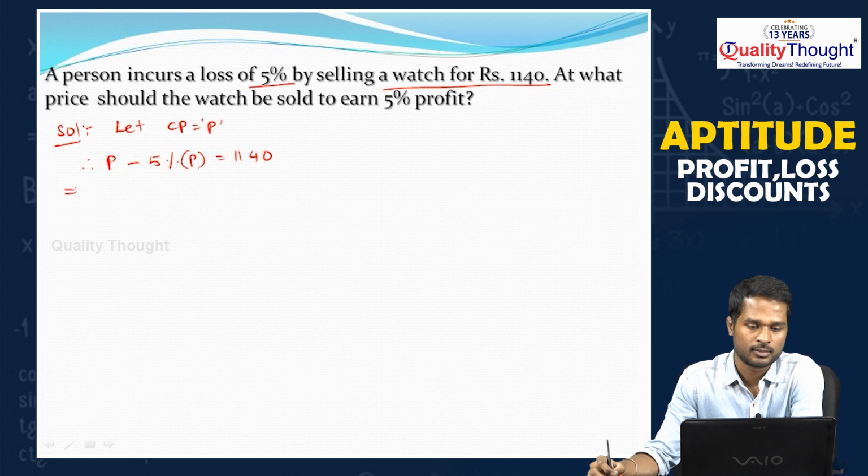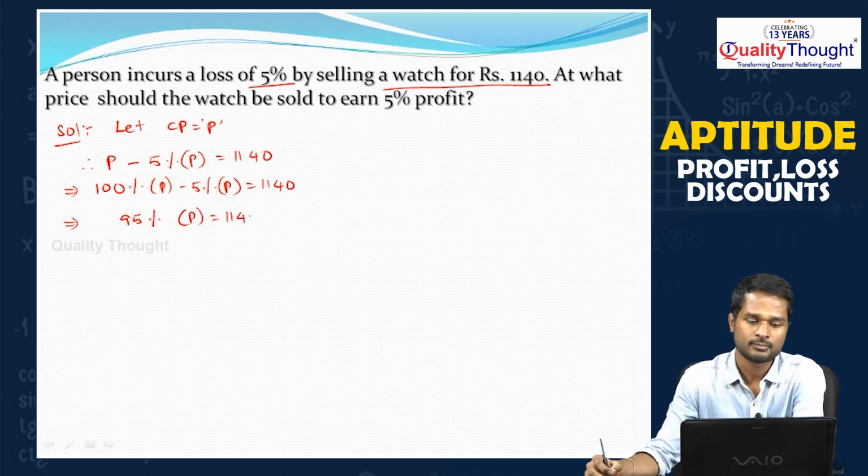So, 100% of P minus 5% of P is equal to 1140. So, 100 P minus 5 P is 95% of P is equal to 1140. So, this is 95% of P, P is cost price, is equal to 1140.